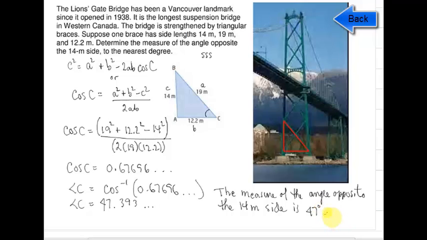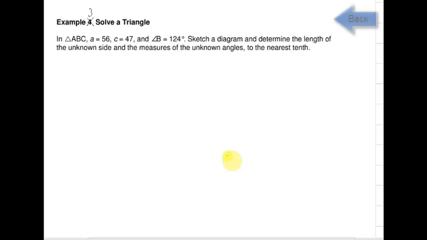Okay, and so that concludes examples 1 and 2. Our last example for this unit and for this section, example 3, solve a triangle.